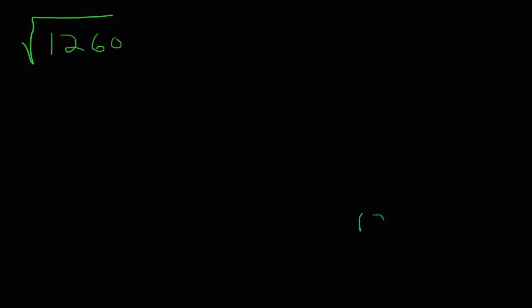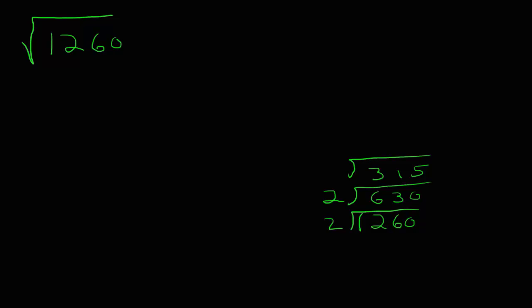So I've got 1,260, which is even, divisible by 2, leaves me 630, which is divisible by 2, which leaves me 315. Well, that's not going to be divisible by 2, so it's going to be divisible by 5.